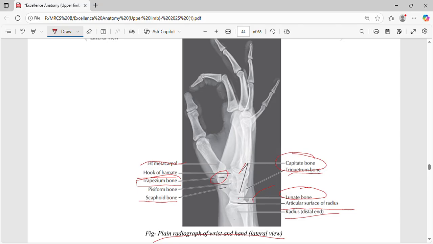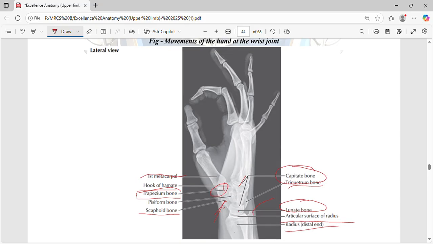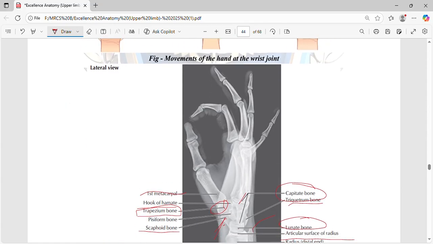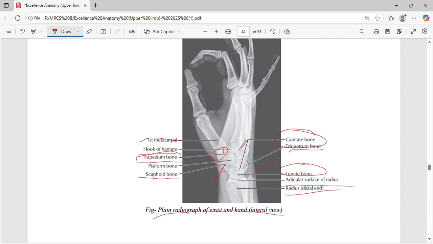Below it will be the scaphoid. Here this one is the trapezium, this will be the scaphoid. And the pisiform bone: if this is the lunate, above the lunate we always have the pisiform bone, so this will be the pisiform bone.